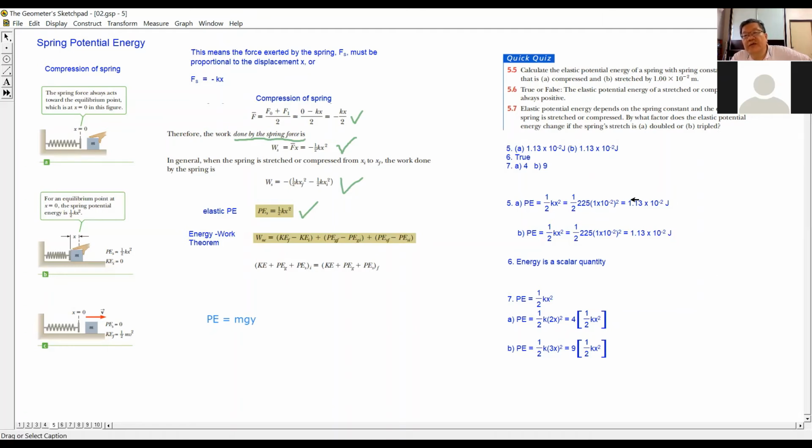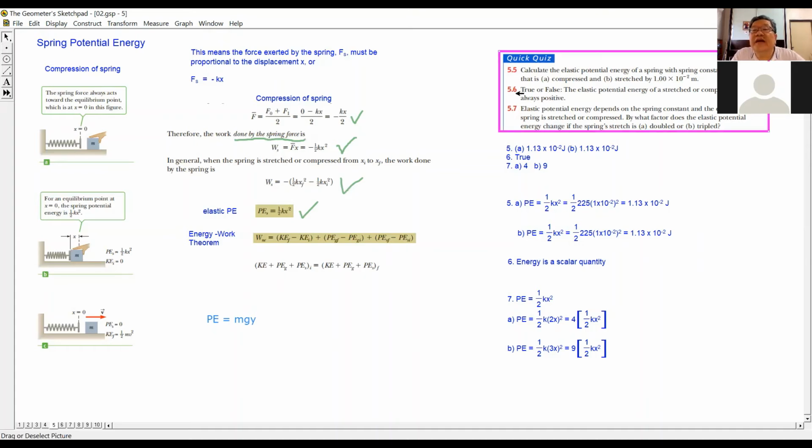So whether you compress or you stretch the spring, as long as the displacement is the same magnitude, the same amount of energy is stored inside the spring. Okay, so this is the first thing we know about the potential energy in the spring.